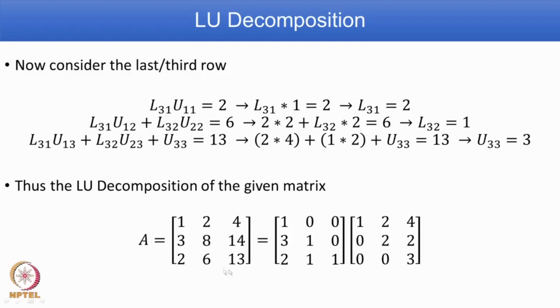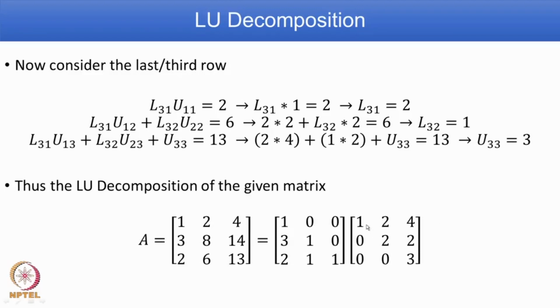So, the given matrix A shown here is equal to the product of the L matrix and the U matrix. As defined before, in the L matrix, the diagonal elements have the value 1, and the elements below the diagonal have values 3, 2, 1, and the upper part has 0 value.